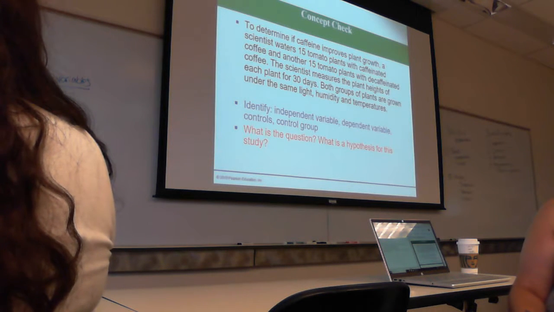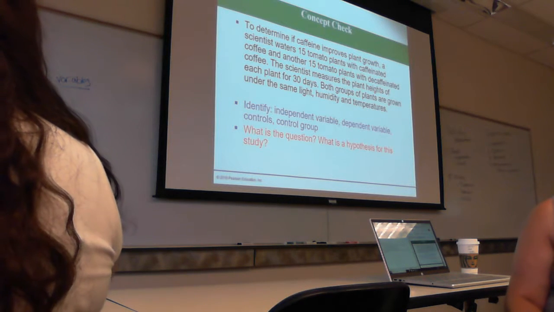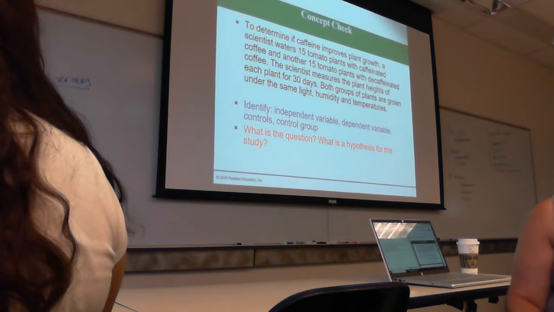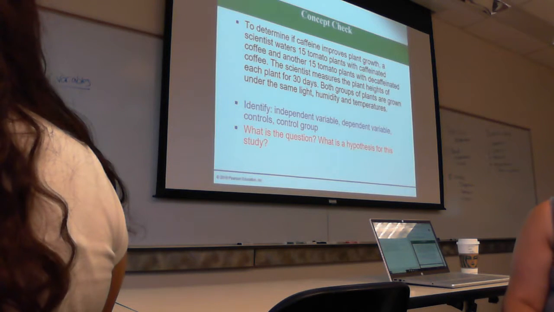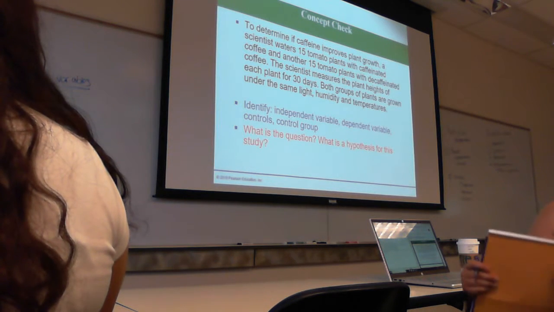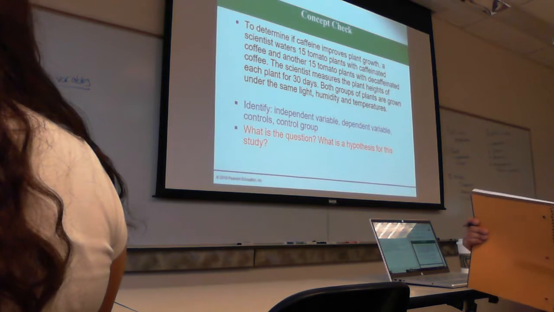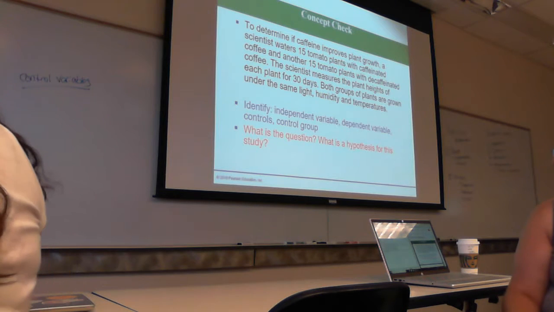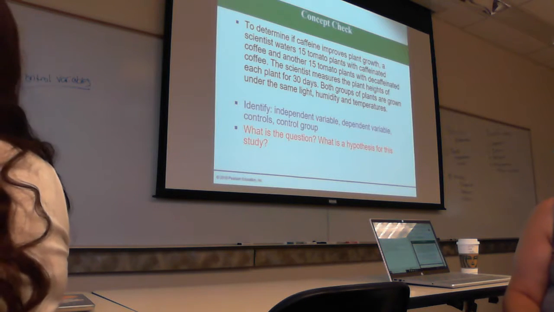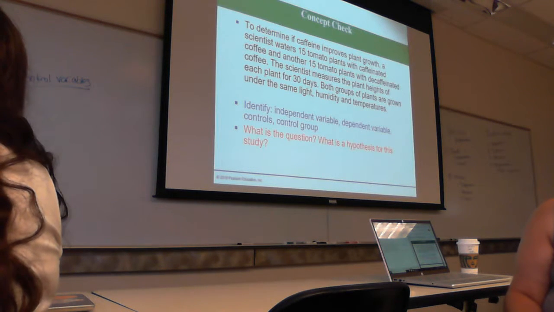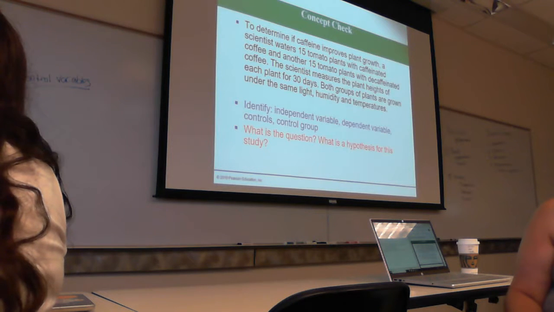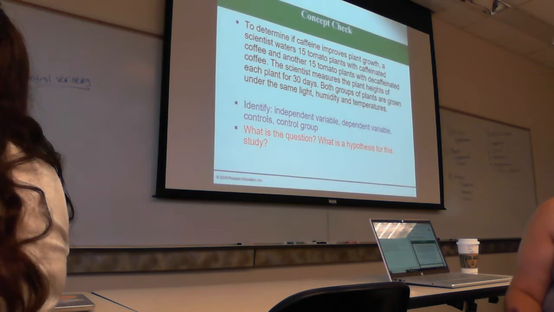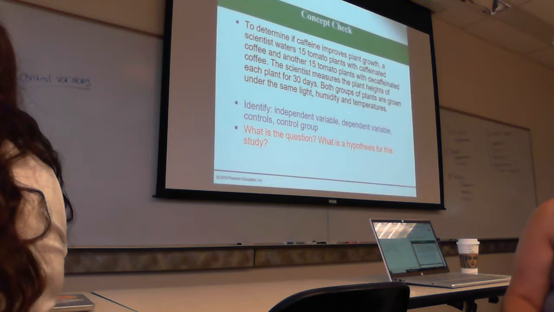Okay, so caffeine would be the manipulated variable. Part of the experimental group would be the plants with caffeine. Okay, so the amount of caffeine itself is the variable, or the fact that caffeine is given or not. What would be the dependent variable?